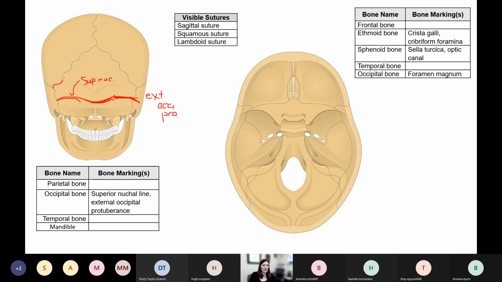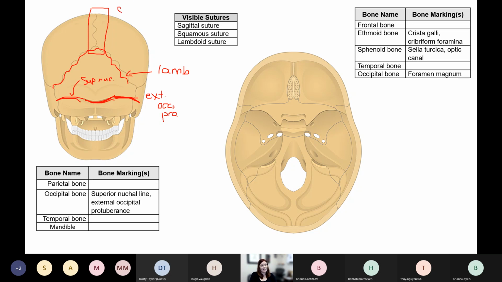We already talked about the lambdoid suture here in the back. But we also have a new suture. Again, this is one that lines up with the names of my planes. If I chop my body in the middle, dividing it into left and right, that would be a mid-sagittal cut.